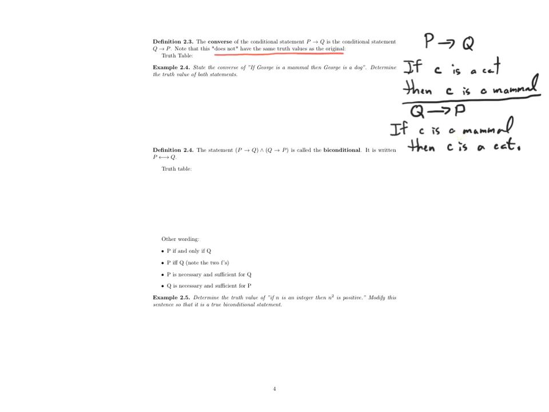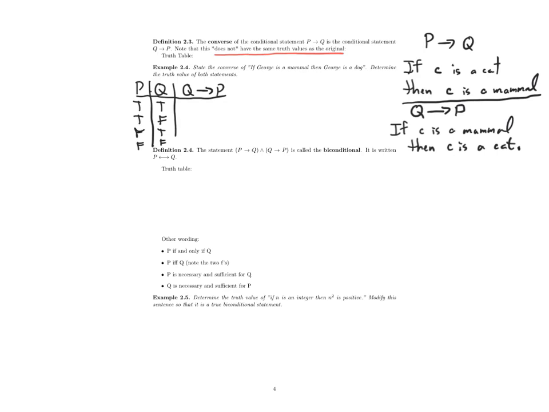And let's just do the truth table of that quickly. So we have P, we have Q, we have Q implies P, so the converse of P implies Q. Remember, it's false exactly when the if part is true and the then part is false, which is in this row.